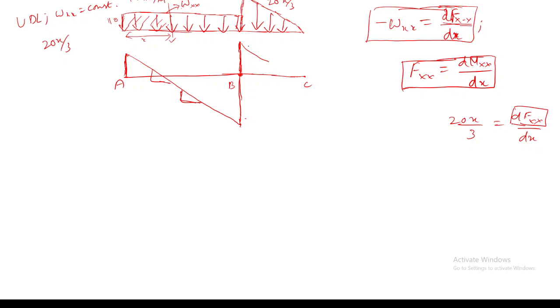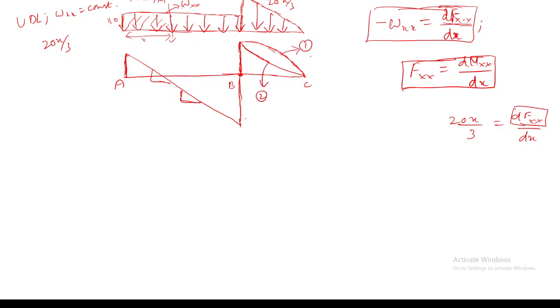A parabola of second order. Either I can draw one parabola like this, or I can draw a parabola like this. What is the difference between these two parabolas? Slope is increasing for one and slope is decreasing for another one. Yes. Let's say this is 1 and this is 2.